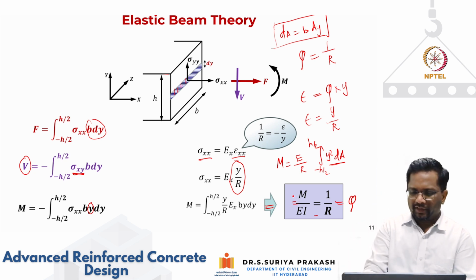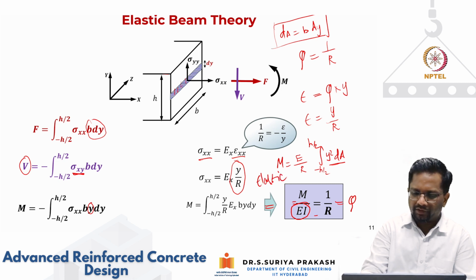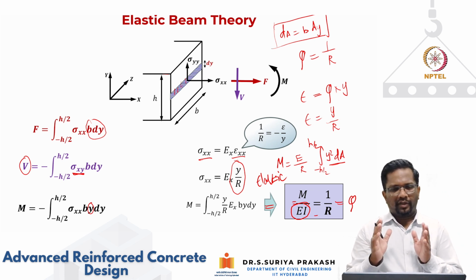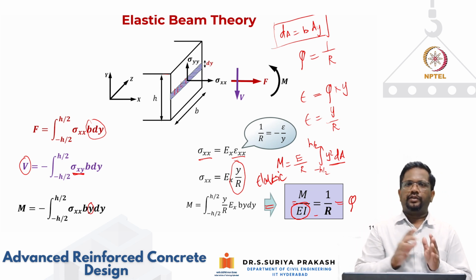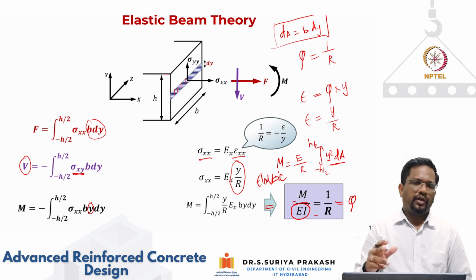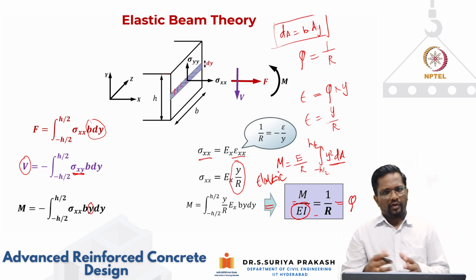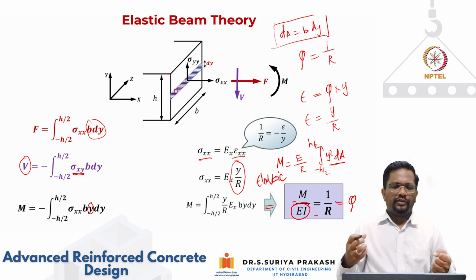Now you can see that this EI will remain constant for an elastic material. When the system is not cracked, it is going to remain elastic, or constant. E and I are not going to change for an elastic material. But in reinforced concrete, the concrete is going to crack and steel is also there.